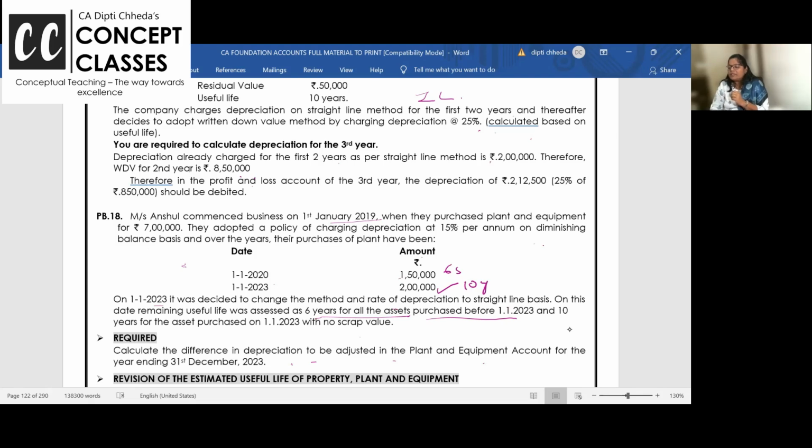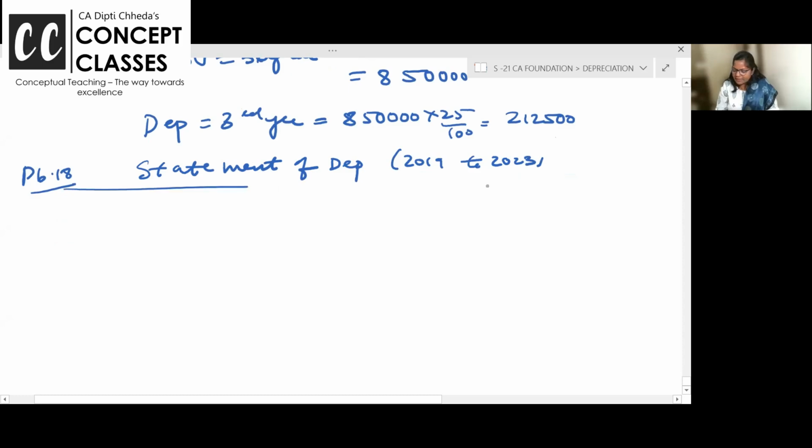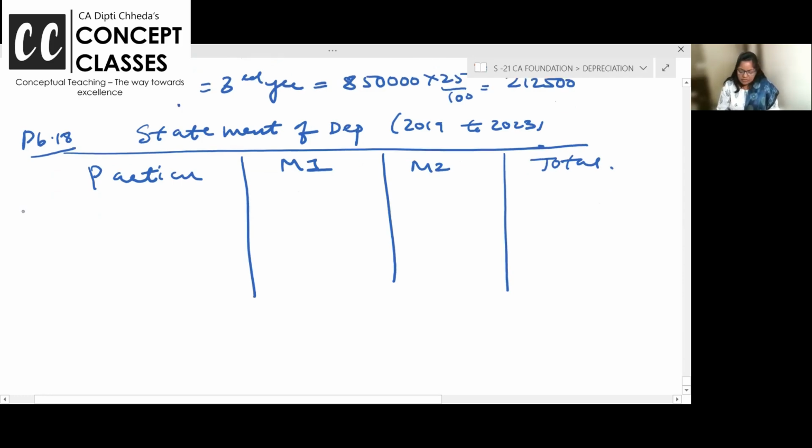Whatever you took with the WDV method, you should have at least the opening figures. Is it clear to all of you? Let's make some working notes for that. 18th problem. Statement of depreciation. You have to calculate the depreciation of earlier years. 2019 to 2023, January 23, not for the full year. Particulars: machine 1, machine 2 and total if needed we will do. So, first time starting with which year?